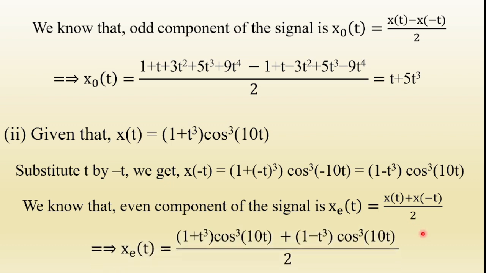We get the even component of the signal. The x of t value is 1 plus t cube into cos cube of 10t, plus the x of minus t value, 1 minus t cube into cos cube of 10t, divided by 2. In the numerator, both terms have cos cube of 10t common.